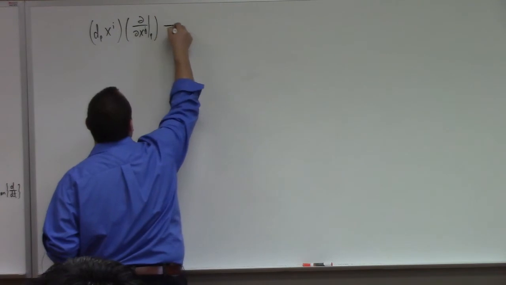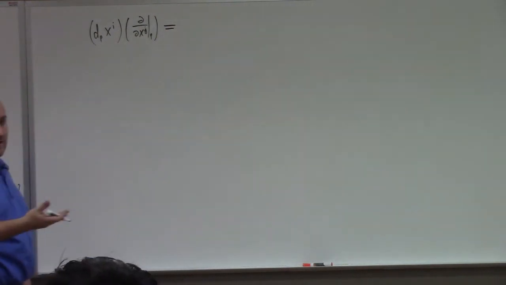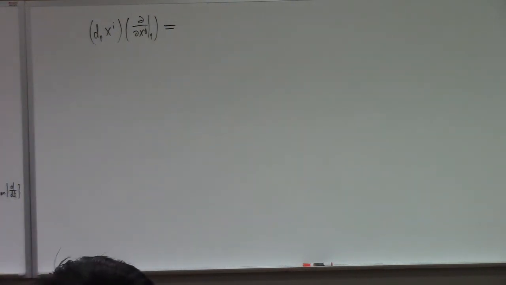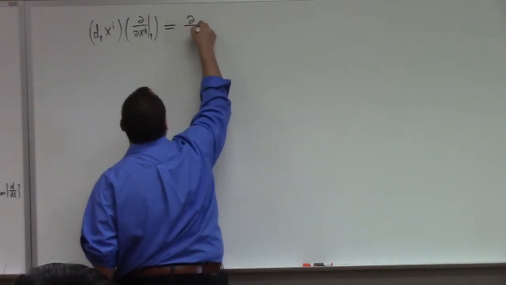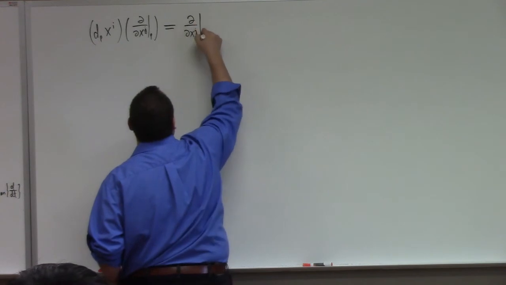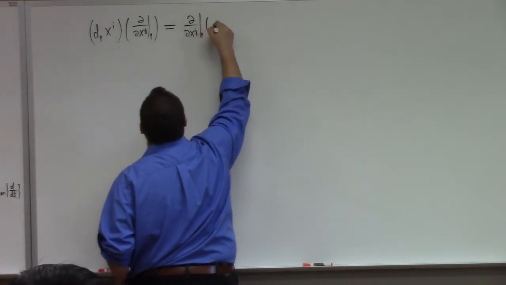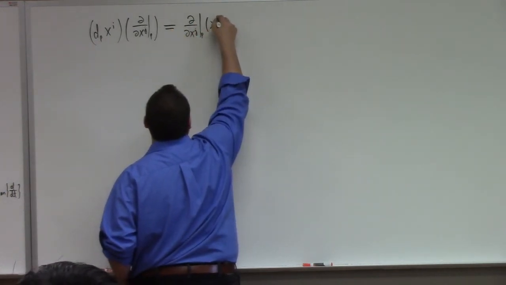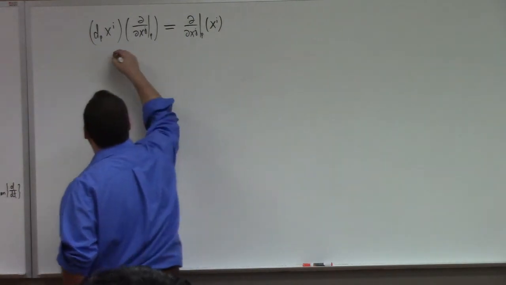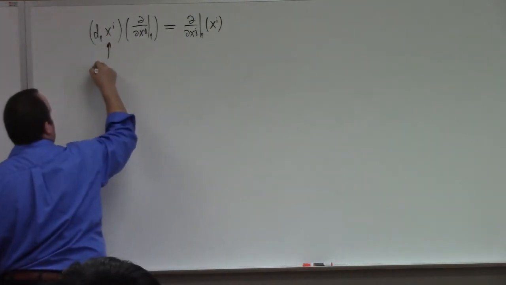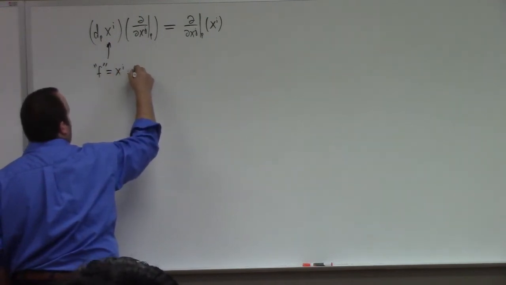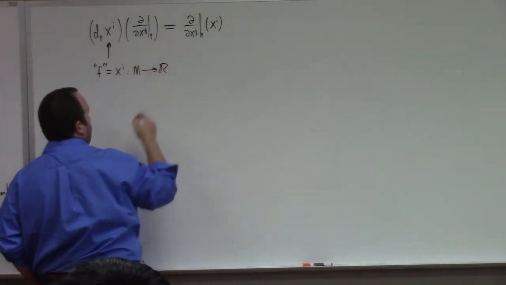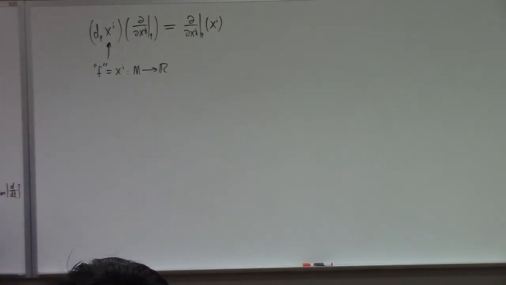According to the identifications we've made, that must be equal to partial x j at p acting on x upper i, which is the function here, f quote unquote equal to x i. That's a mapping from the manifold to the reals. Okay, fine, for a subset of the manifold, but you got it.